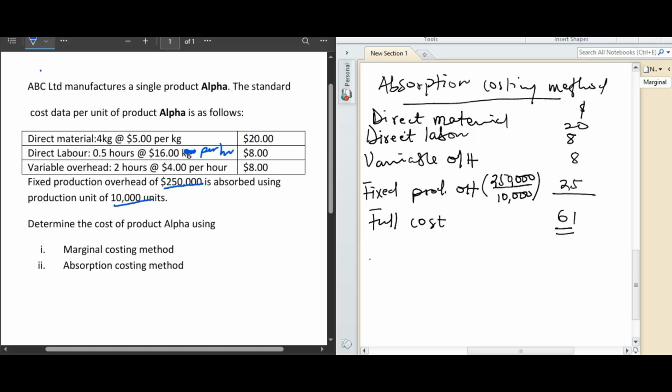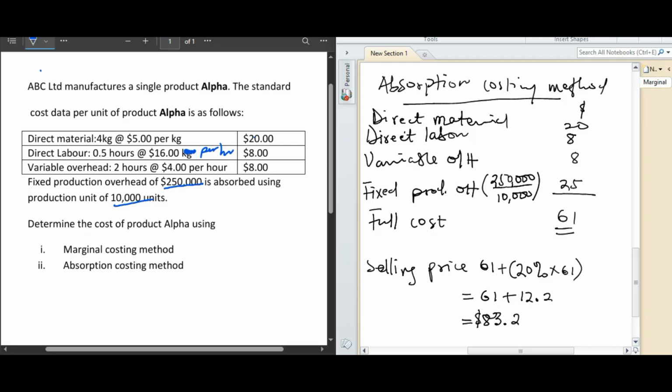Then if we want to get our selling price using the 20% markup, that will give us 61 plus 20% times 61. So that will give me 61 plus 12.2, which will give me $83.2.